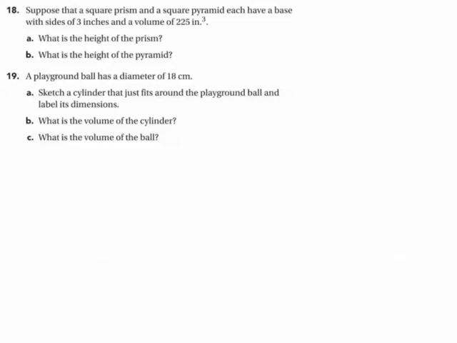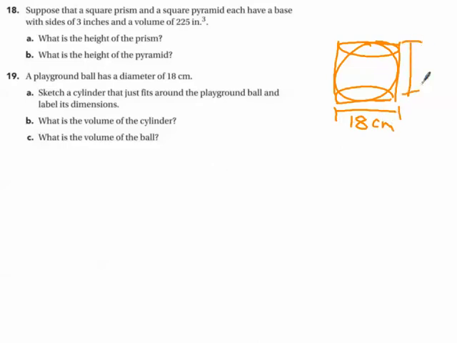If I look at 19, it says sketch a cylinder. I'm going to trust that you can sketch a cylinder with a ball that is touching all of the sides and the top and bottom. It has a diameter of 18 centimeters, which means it also has a height of 18 centimeters.